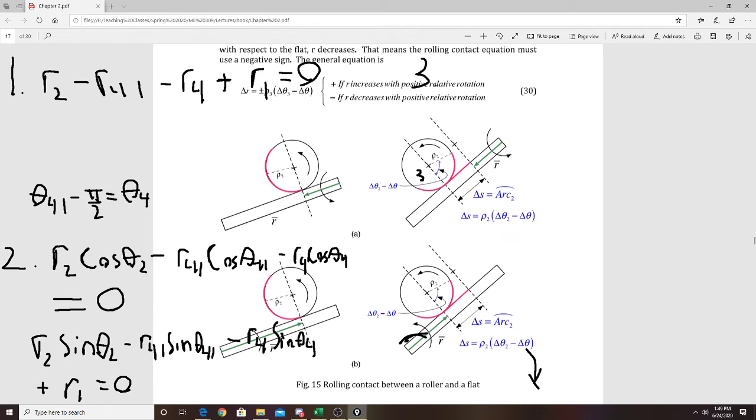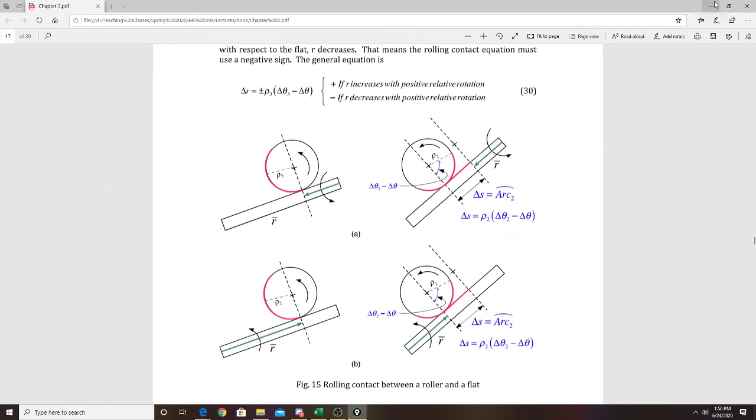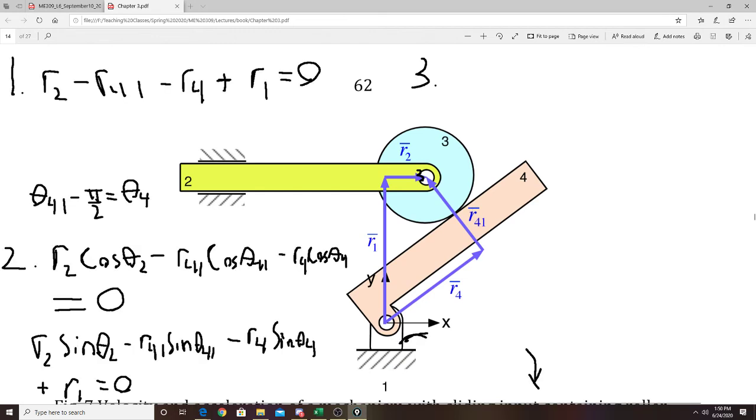So let's go back really quick. Right here, for the rolling contact, these are the things that we are worrying about. This right here is link 3. So remember, we are trying to relate the arc length of this roller to how far we are moving on this slider. The two things that are working in conjunction with this are link 3's radius and link 3's angle change, where link 3 is the circle, versus this vector length change.